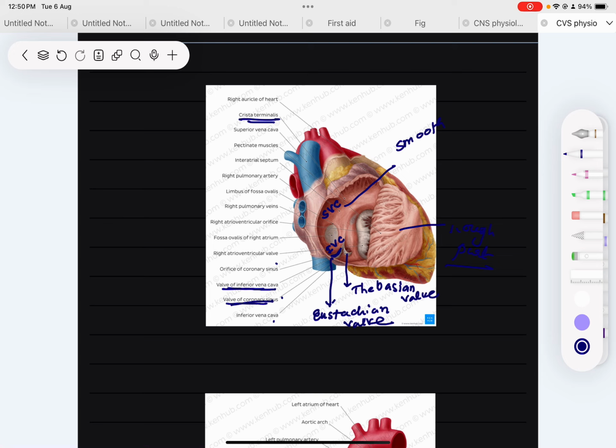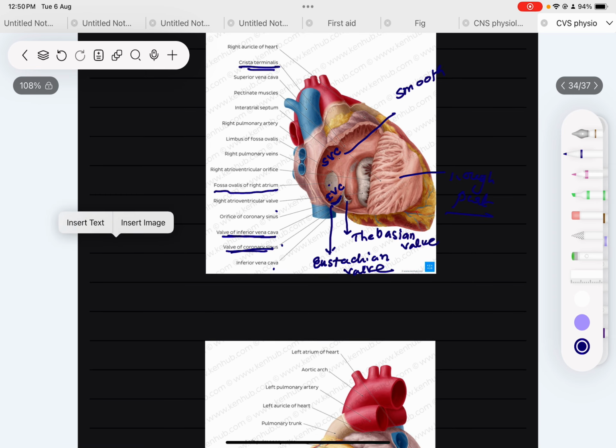Here you can see this is fossa ovalis of right atrium. Let's see one important structure here.